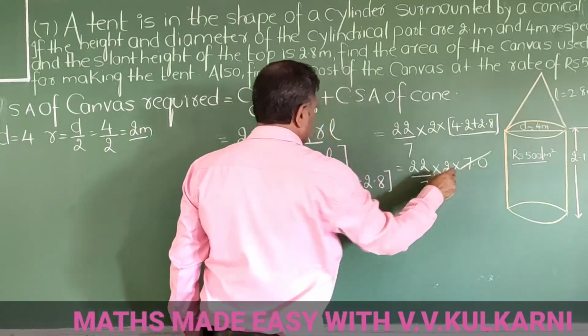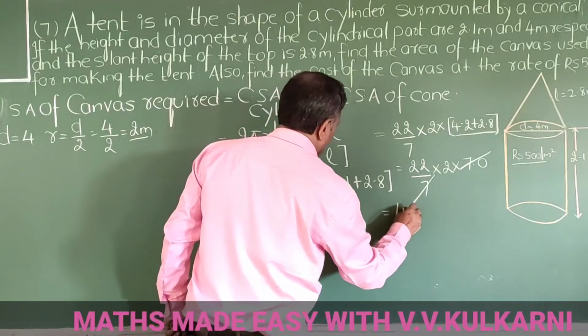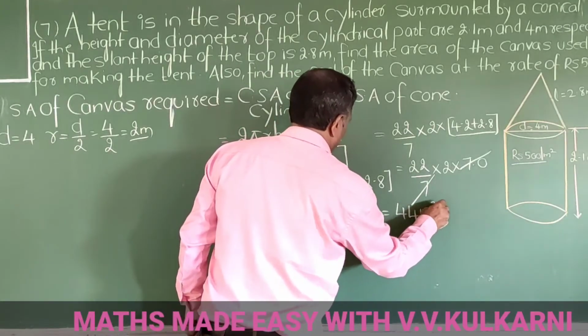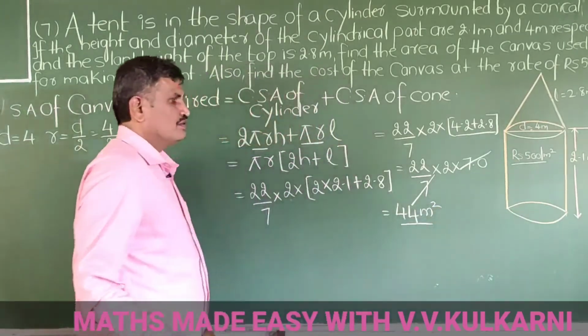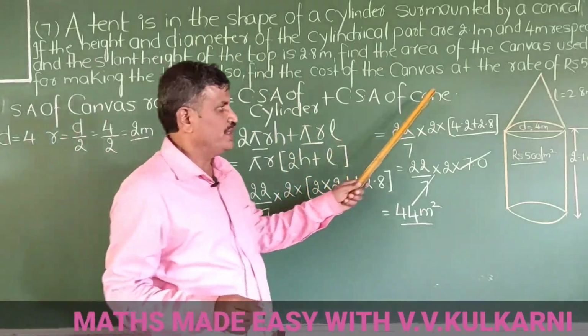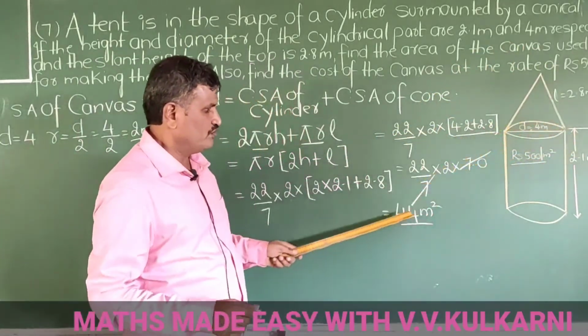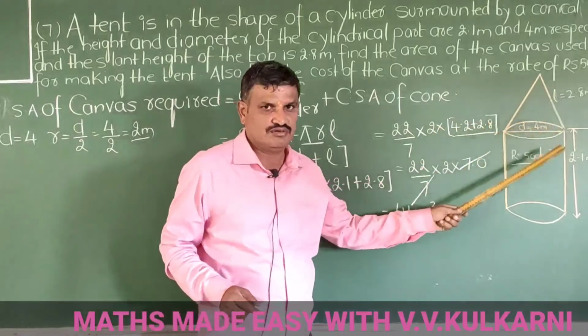This 7 cancels with 7, so what we are going to get here is 44 square meters. What does it mean? It means to make this tent 44 square meters of canvas is required.